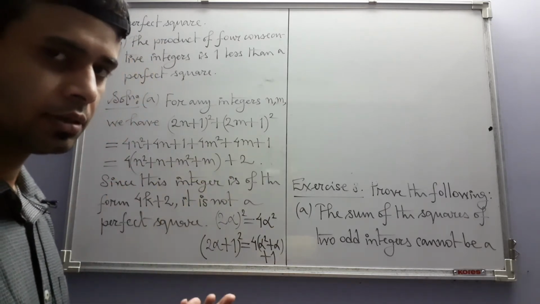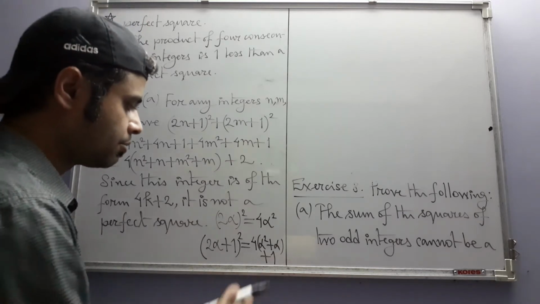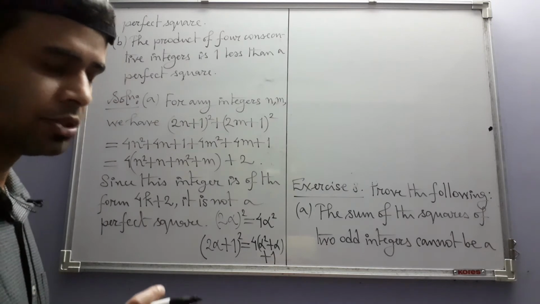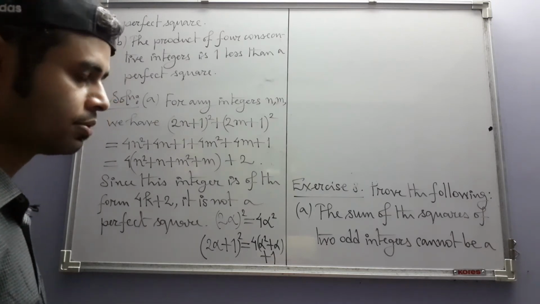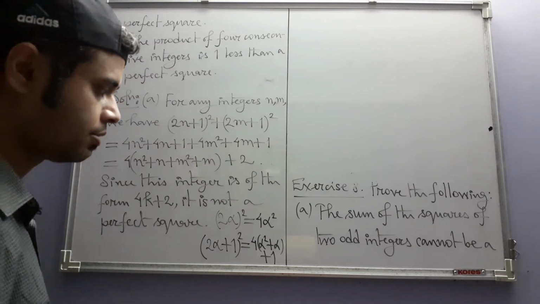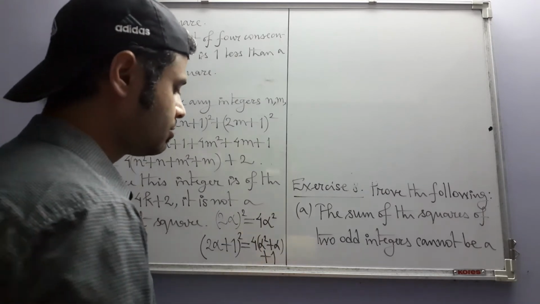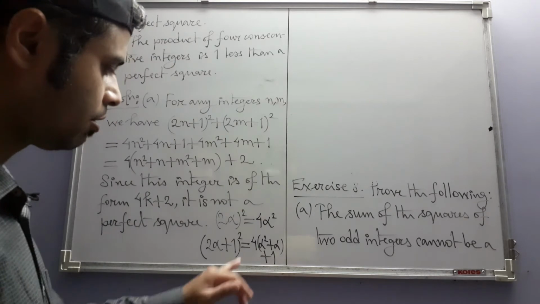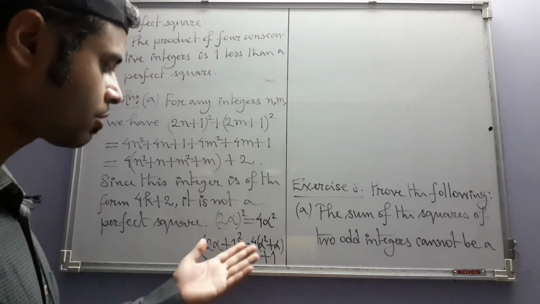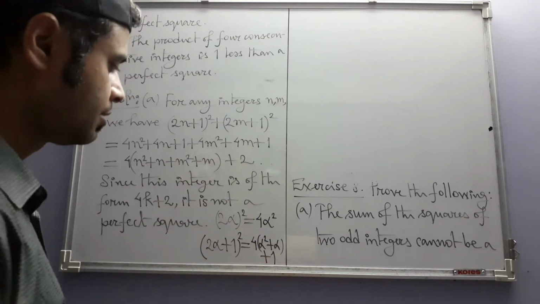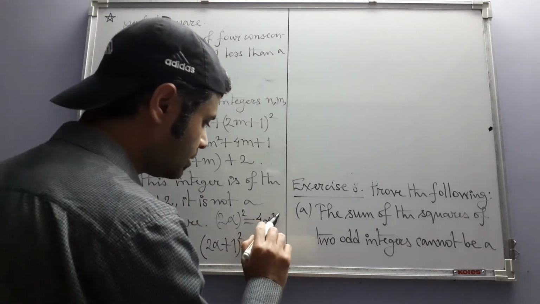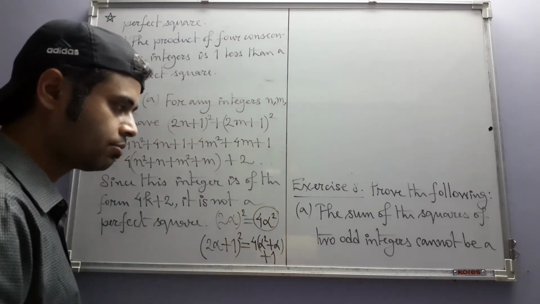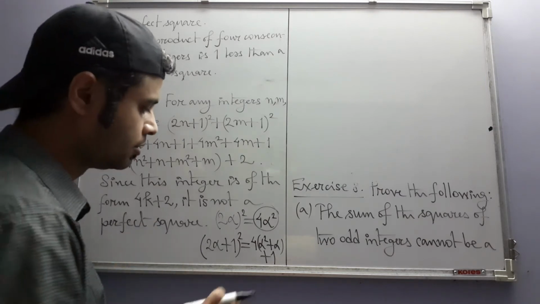And from division algorithm we know that these forms are mutually exclusive. What I am trying to say is that if any integer is of one of these forms, then it is not of the other forms. That is because integers of this form leave the remainder 0 when divided by 4.